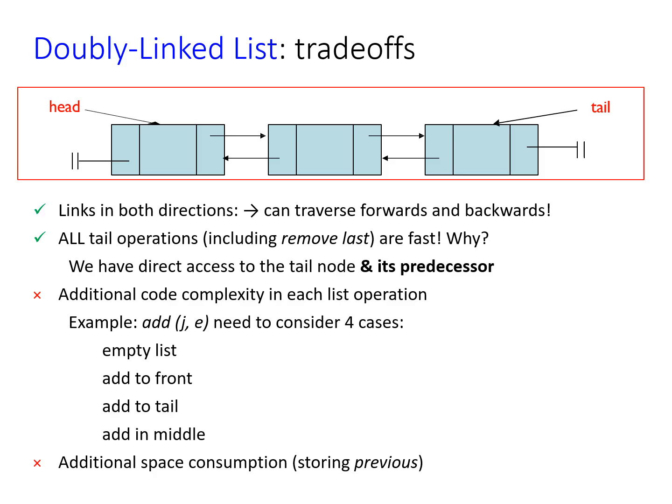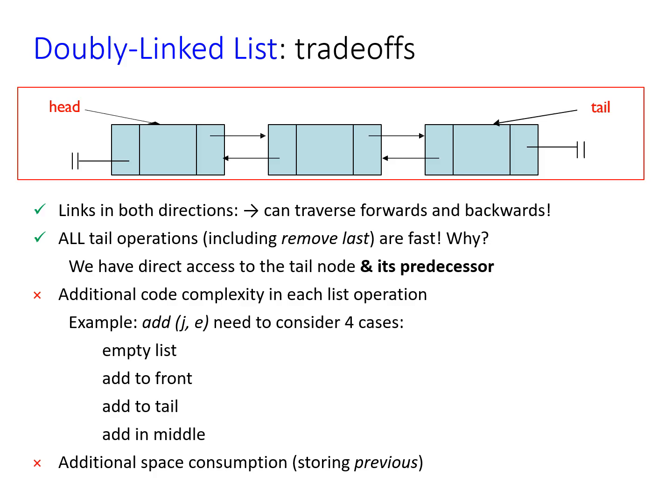In summary, with doubly linked lists, we have links in both directions. We can traverse forwards and backwards. All tail operations now run in time big O of 1, because we have direct access to the tail node and also to its predecessor via the previous link from the tail.